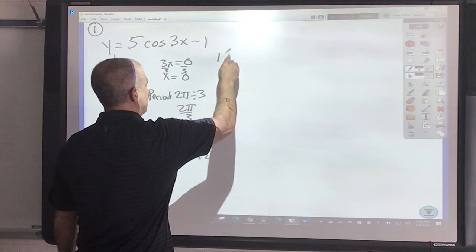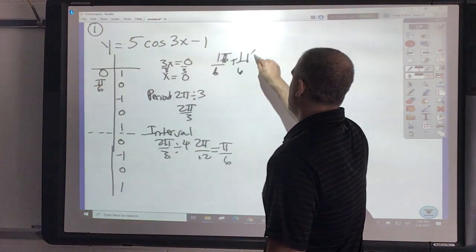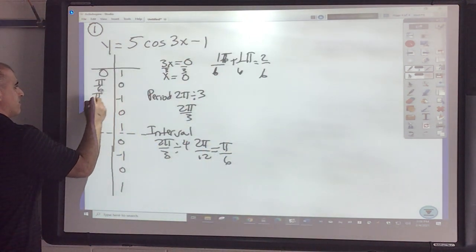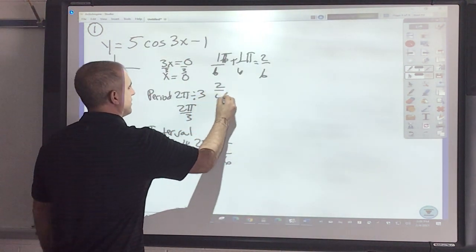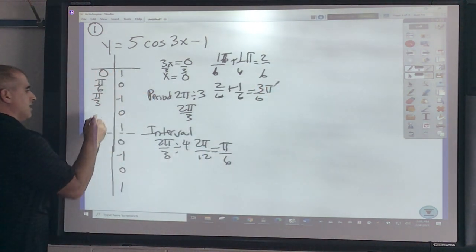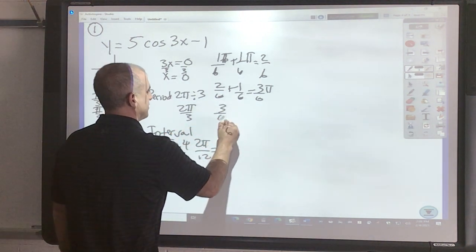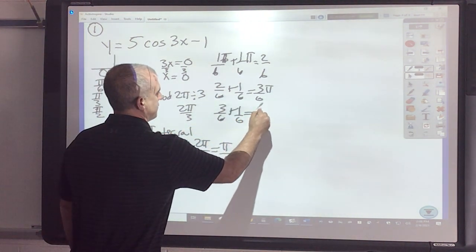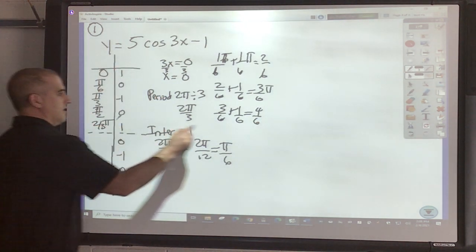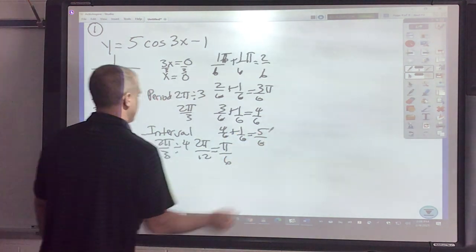So I got 1/6 pi basically. 1/6 pi plus 1/6 would be 2/6 pi, which would be pi over 3. Then 2/6 plus 1/6 would give me 3/6 pi, which would be pi over 2. Then 3/6 plus 1/6 gives me 4/6, which would give me 2/3. 4/6 plus 1/6 would give me 5/6 pi.